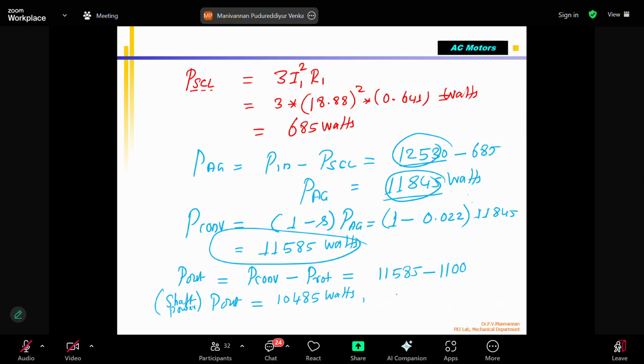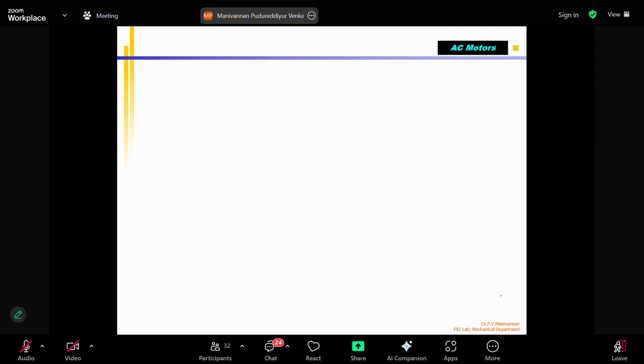Suppose I want the power output in HP. If I want, you can always divide 10,485 by 746. We know this is the horsepower unit. So if you divide, you will automatically get 14.1 HP, horsepower. For watts to horsepower, depending on what is expected, this is how you compute.